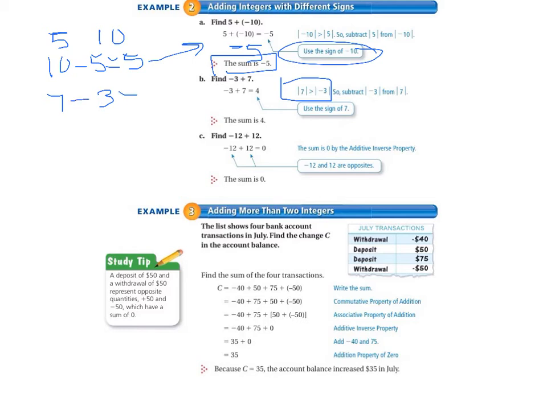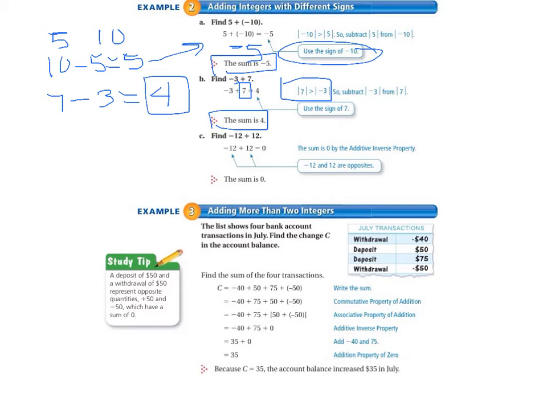We subtract. 7 minus 3 equals 4. And the sign of the number with the largest absolute value is positive. So that was already a positive 7. So we keep the positive sign, so the sum is 4.